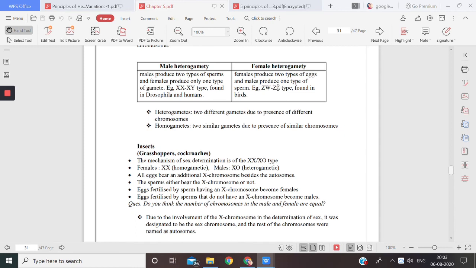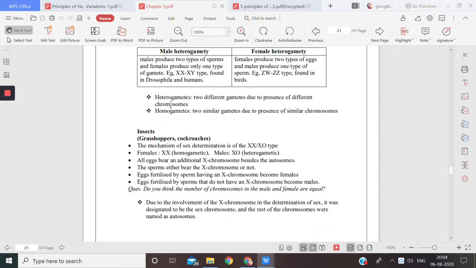Males are not heterogametic, but females are heterogametic because they produce two types of eggs: one is Z and the other is W. This type is found in birds. So if they ask you to give an example of female heterogamety, you can give birds as the example. I hope I am clear with the topic of male heterogamety and female heterogamety.